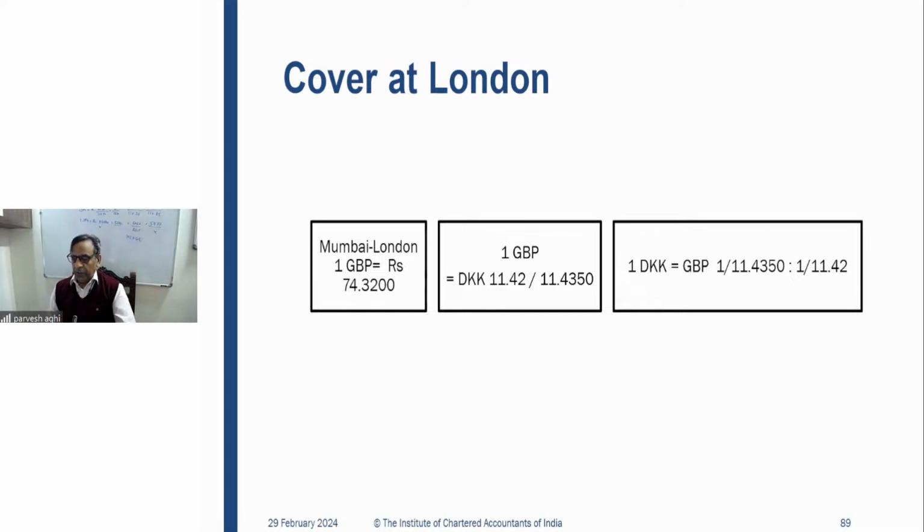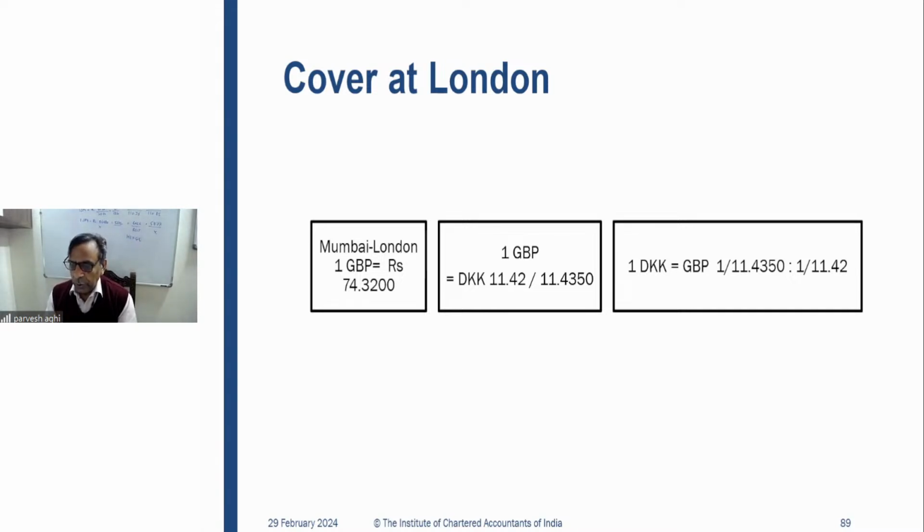1 DKK would be 1 divided by so many pounds. So you're converting your bid and ask in terms of pounds. Since you have bought pounds, now you're going to buy Danish kroners by using your pounds. So that's why you're going to convert this quote. First step is that you're going to buy pounds.